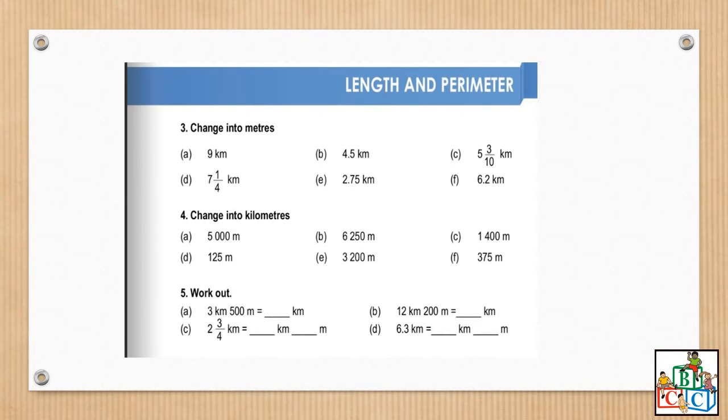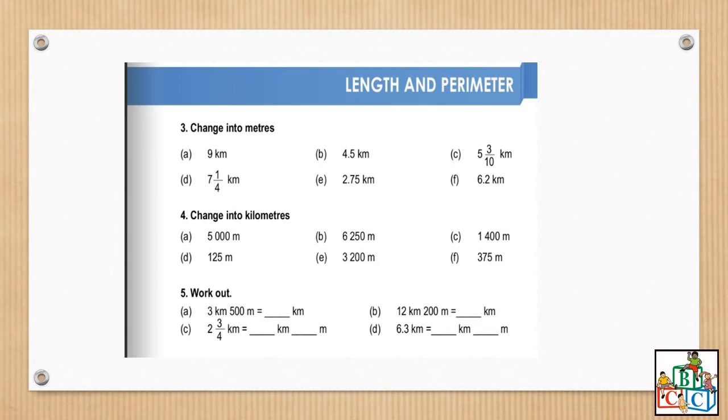For number 3, let's take an example to see if you've understood. Exercise 3A. You have to change into meters. The first one, 9 kilometers is equal to how many meters? 9,000 meters.